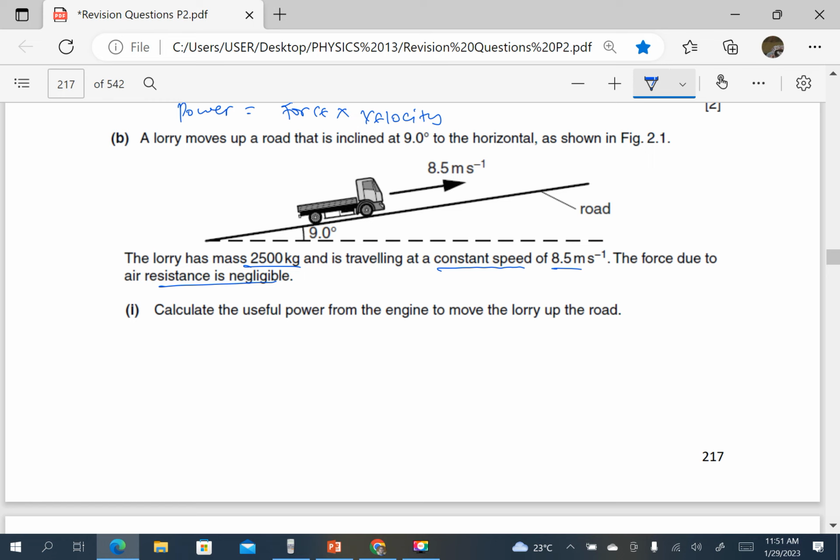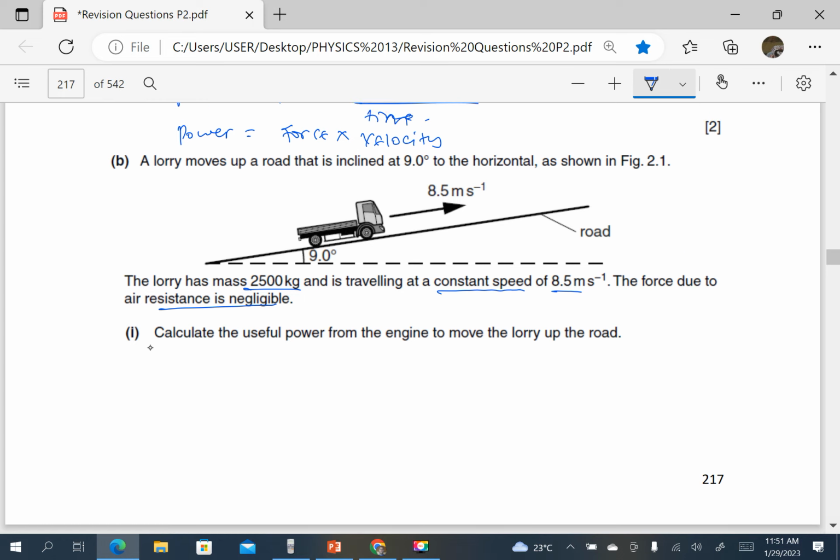Let's first find the force acting on this lorry up the plane. If it has a mass of 2,500 kg, the force down the plane is mg sine 9.0, which is equal to the force up the plane because it's moving at a constant speed. Since it is moving at a constant velocity, power is equal to force times velocity.